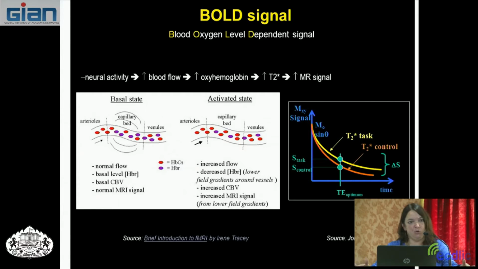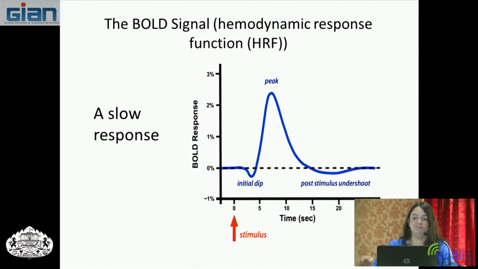So this is the whole concept behind functional MRI: when our neurons fire, they need more oxygen, and this changes how much iron we can see in the little local areas, and how the magnetic signal is affected in those areas is what we want to measure.